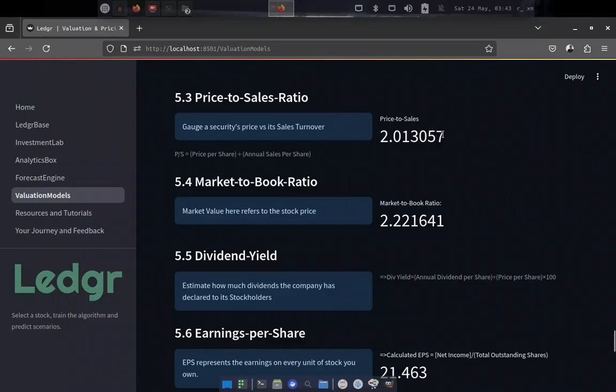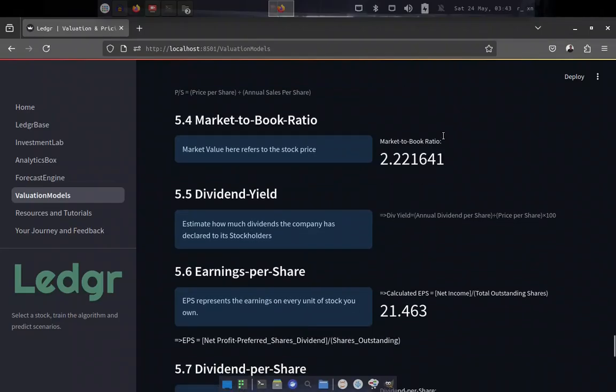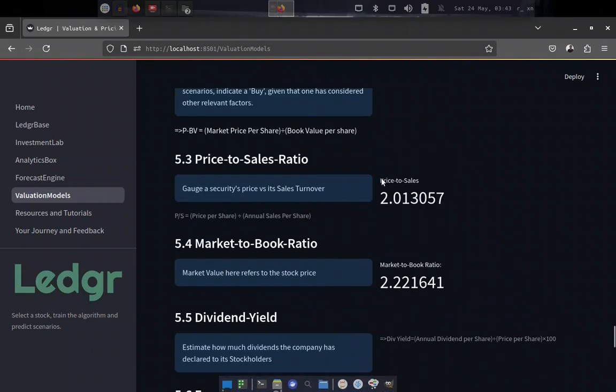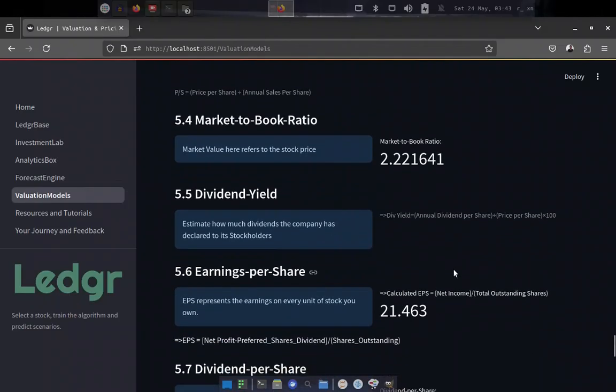Yeah. Following this is the market to book ratio, and here market value definitely refers to the stock price. And as you can see, in congruence with this is also around 2.22, and that also means that yes, we are going in the right direction.